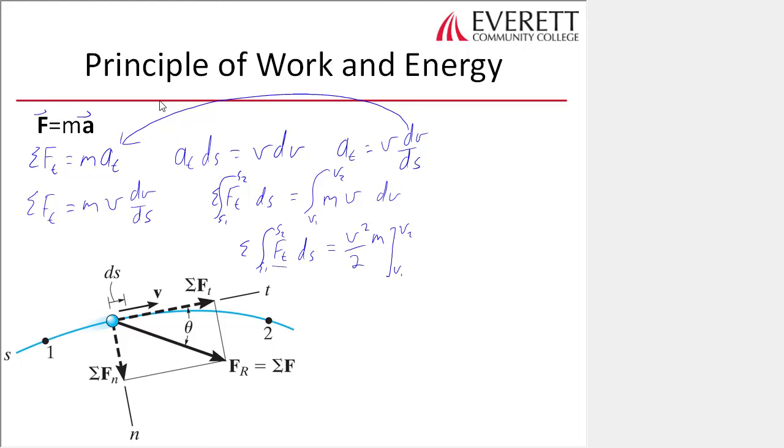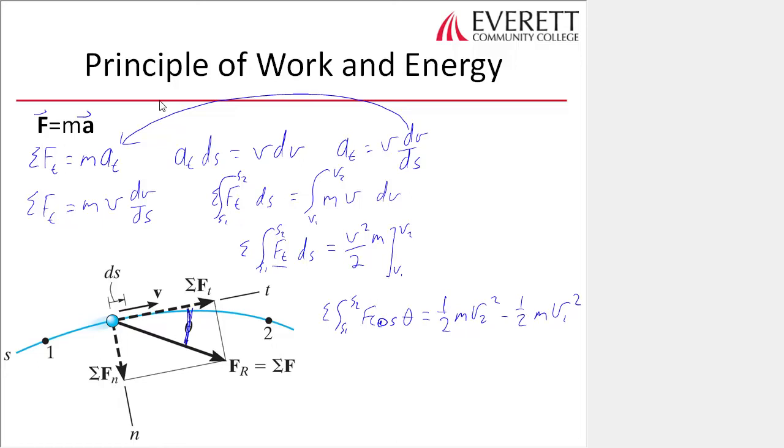That is the force in the tangential direction. If we're given a theta, well, that's just going to be F cosine theta, right? So we have the sum of the integral from S1 to S2 of F cosine theta equals, well, this is just 1/2 mv2 squared minus 1/2 mv1 squared.